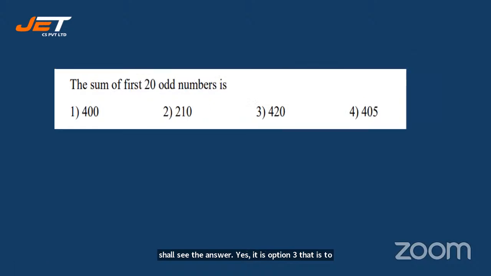The sum of first 20 odd numbers is. Yes, next question. The sum of first 20 odd numbers is.